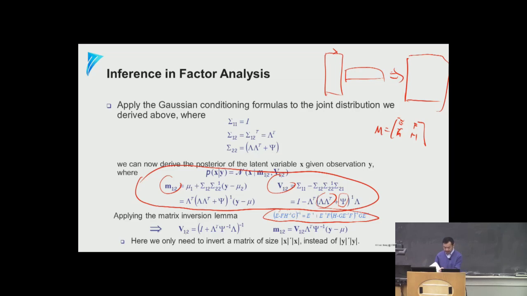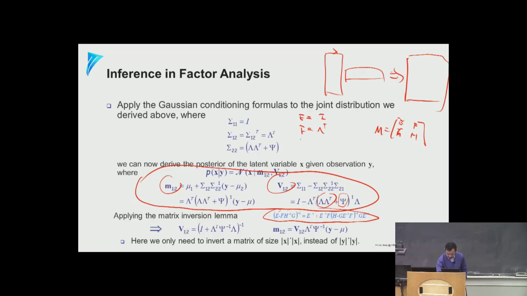So let's basically just maybe do something trivial here, just to map each of these into here. So here we have really the E correspond to what? Identity, right? And we have the F correspond to what? The lambda transpose.